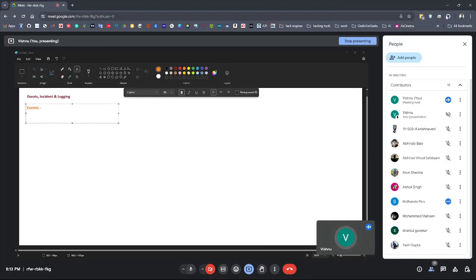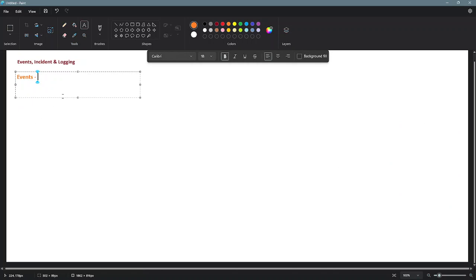In a SOC or SIEM, you will hear about these three things many times: event, incident, and logging. But what are these things? Let me write first.